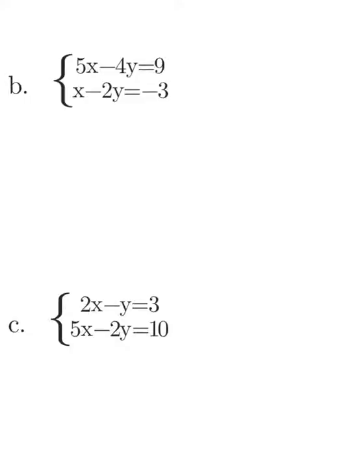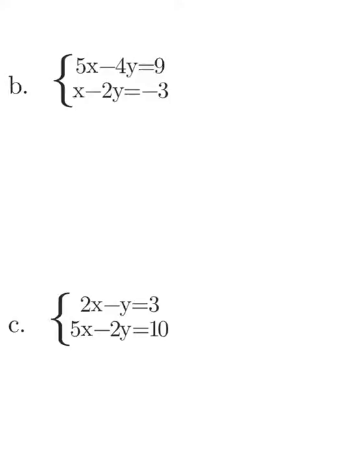The first thing to note on this is that neither variable is solved for. We don't have x equals this or y equals that. So the first thing we need to do is solve for one of the variables using our procedures for solving for formulas.